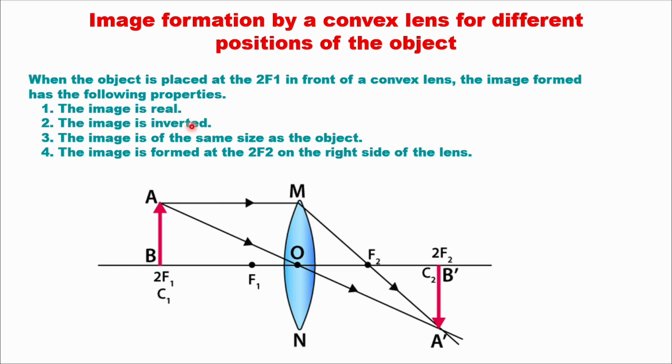The image is real, inverted, and one parameter is very important here: the image is of the same size as the object. You have to remember this image property. Sometimes they may ask, what is the position of the object when the image is the same size as the object? Your answer is: the object is placed at 2f1 or center of curvature C1.